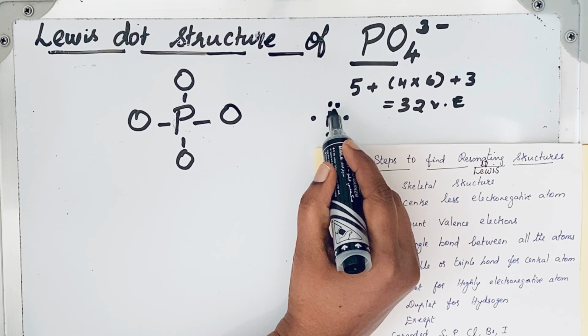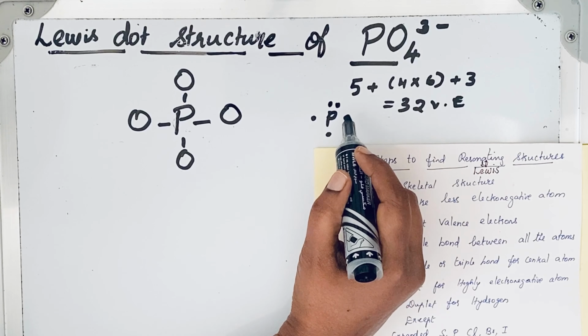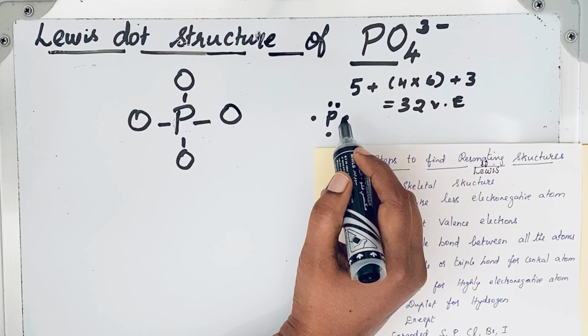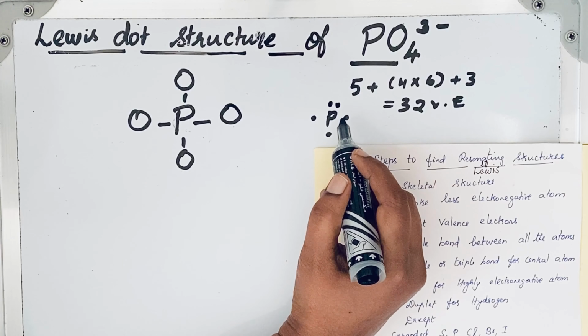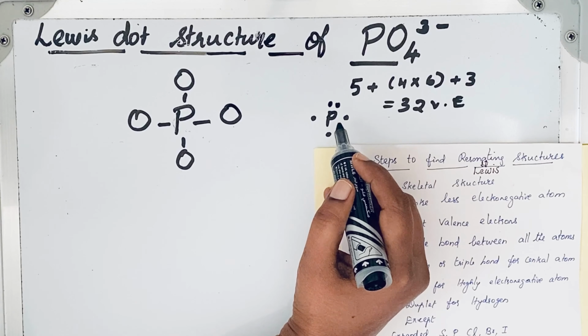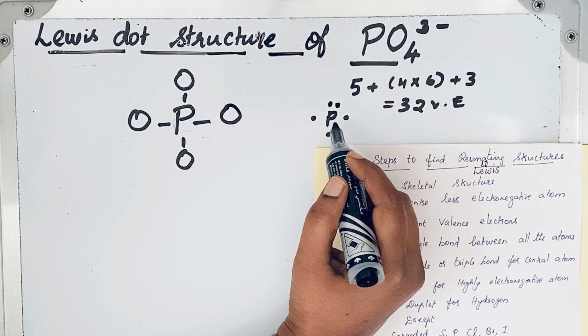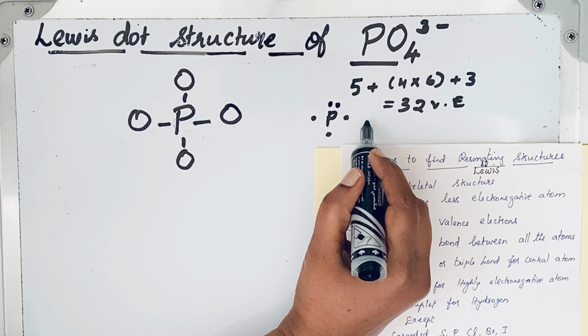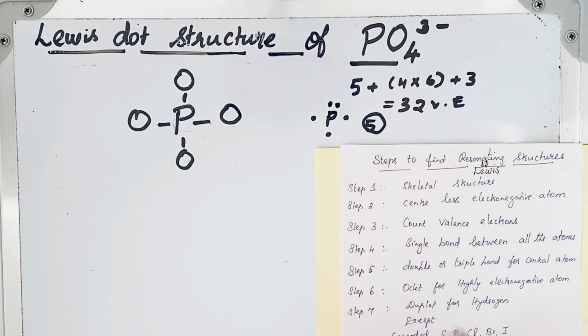So 2 lone pair electrons are present, but phosphorus is in the third period. Elements in the third period or after have d orbitals available, so they can expand their orbitals for bond formation. So phosphorus can make 5 covalent bonds.